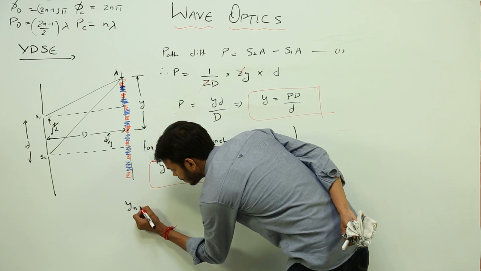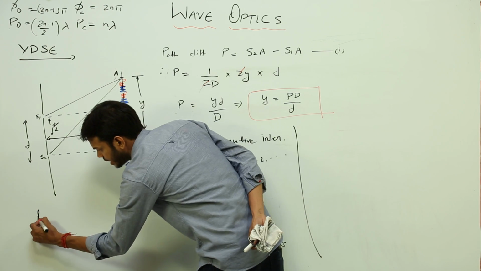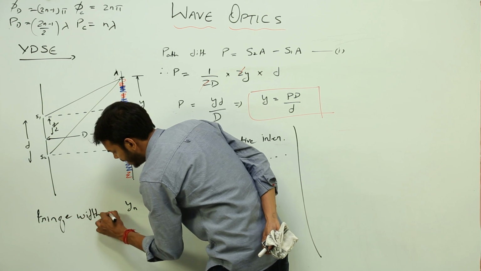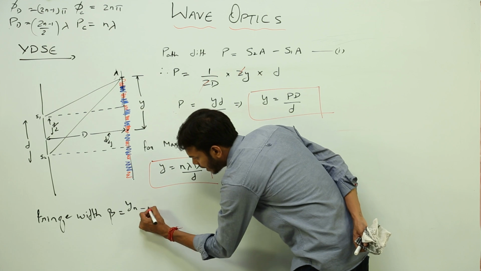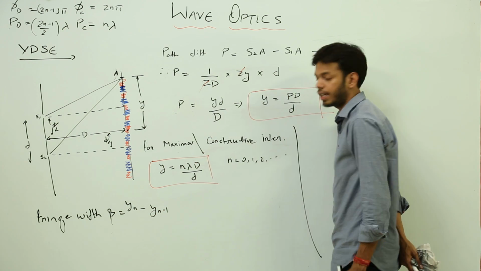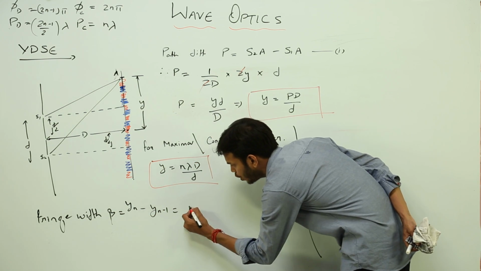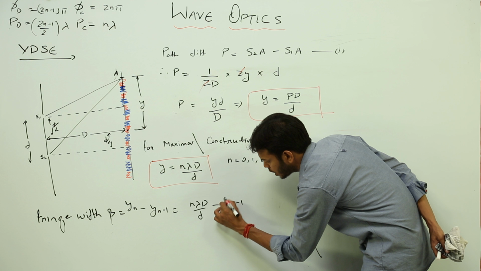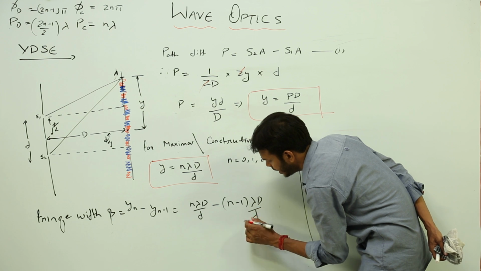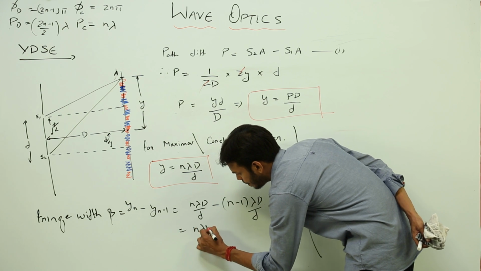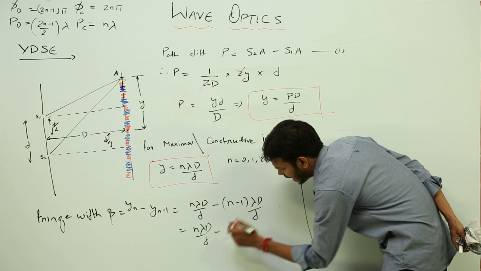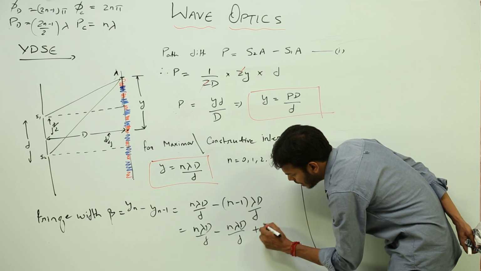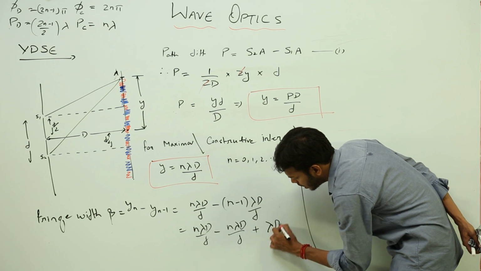So fringe width beta is equal to yn minus yn minus 1, like the two consecutive terms. Yn would be n lambda D by d and yn minus 1 would be n minus 1 lambda D by d. Multiply it, n lambda D by d minus n lambda D by d, minus into minus plus 1 lambda D upon d.